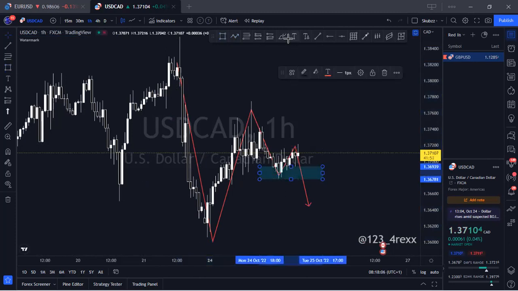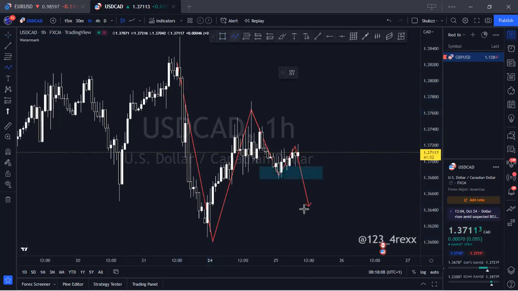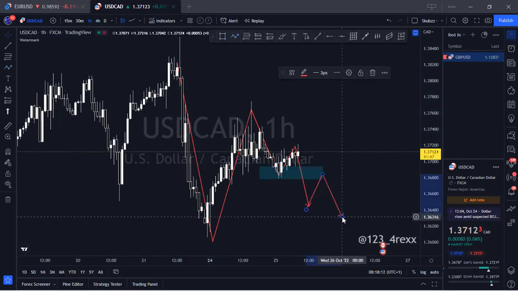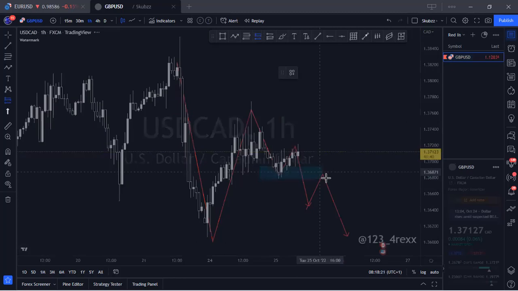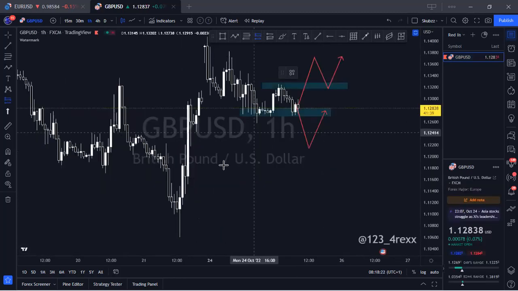We can just look to grab the sell after it. It's a short-term sell, or we can just take it down to these levels. So if we can get a break of structure there, we can basically just look to take the sell.